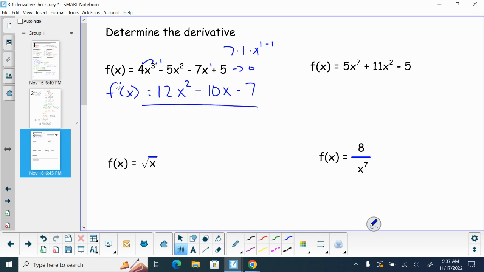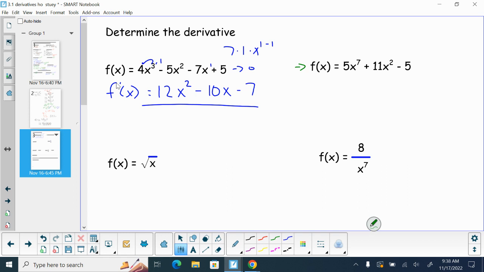So here's my derivative. No longer having to write the limit as t approaches x of f of t minus f of x over t minus x. Could you imagine that? Or the limit as h approaches 0 of f of x plus h minus f of x over h. Ouch.